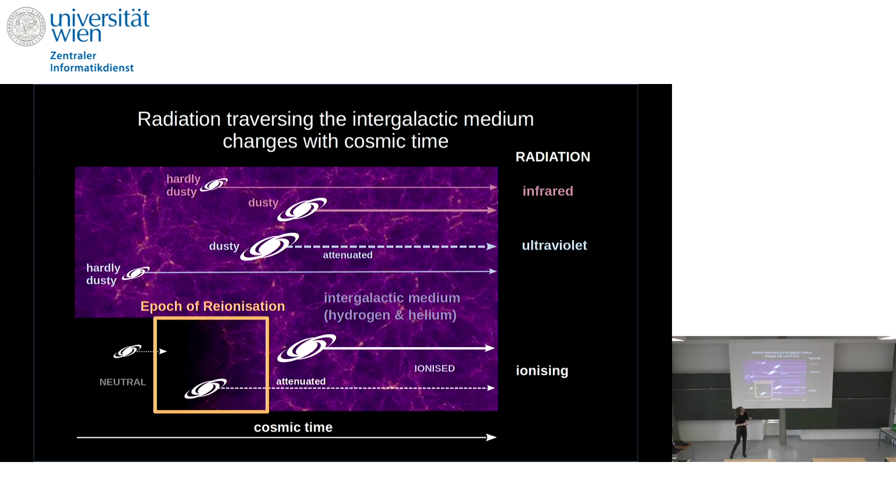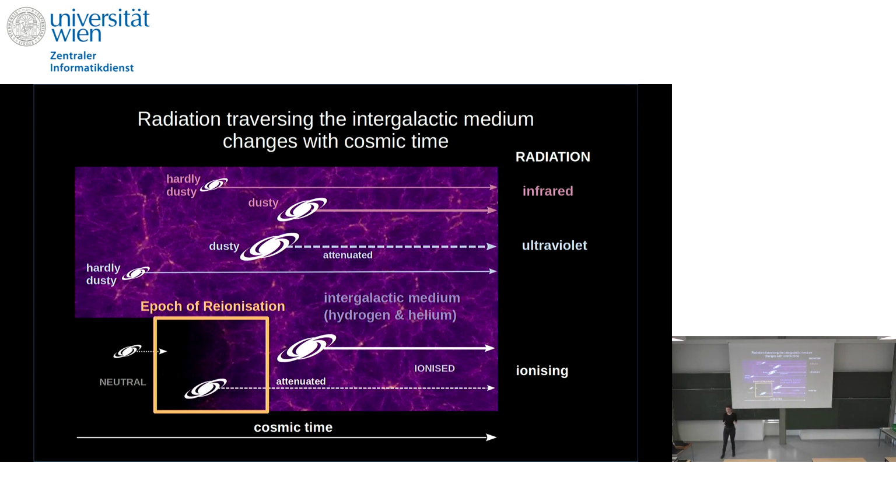And so if you look in the ultraviolet, you need to account for how much dust the galaxy has, how much it is attenuated, in order to interpret really what, for instance, its star formation is.